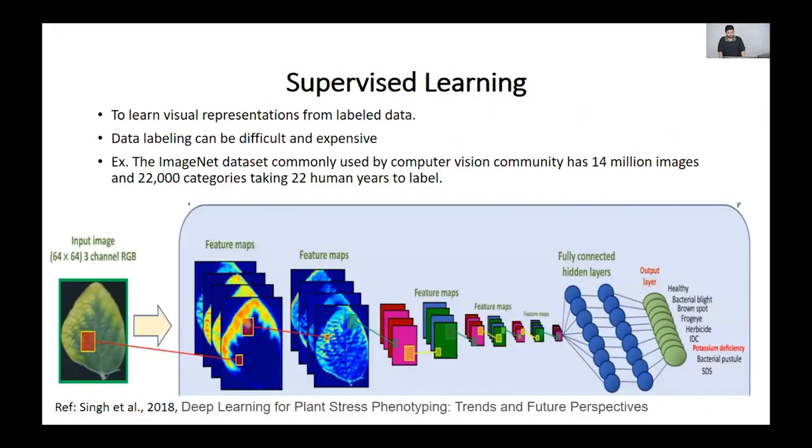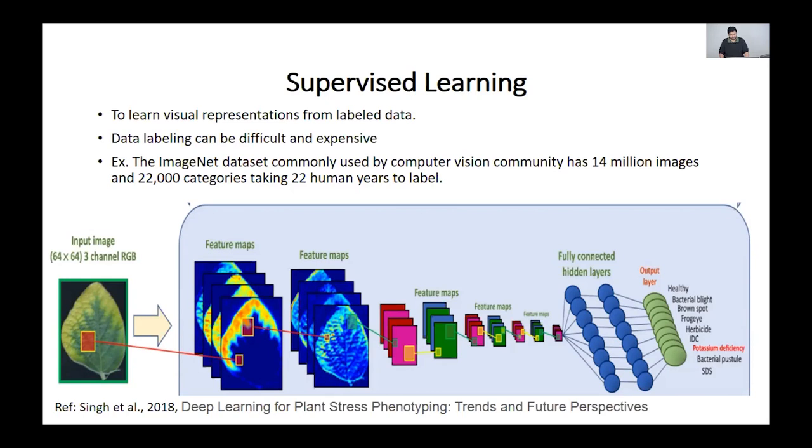The goal of supervised learning is to learn visual representations from labeled data. Data labeling can be difficult and expensive. I think many previous speakers have told this, Colleen, Arthi, Bhaskar, it sucks, and especially for graduate students and undergrads. The ImageNet dataset, commonly used by the computer vision community, has 14 million images and 22,000 categories, taking 22 human years to label.